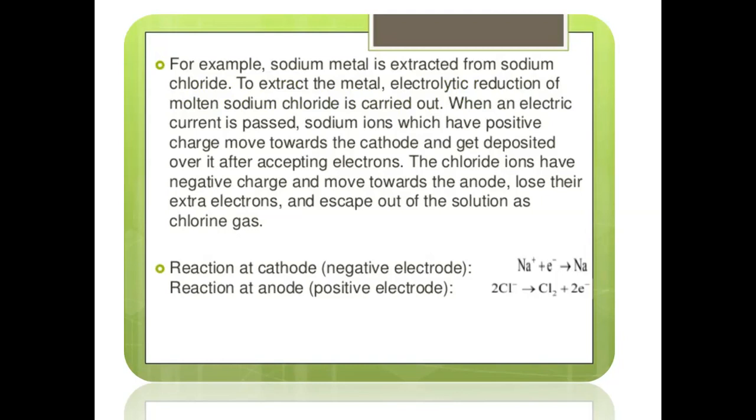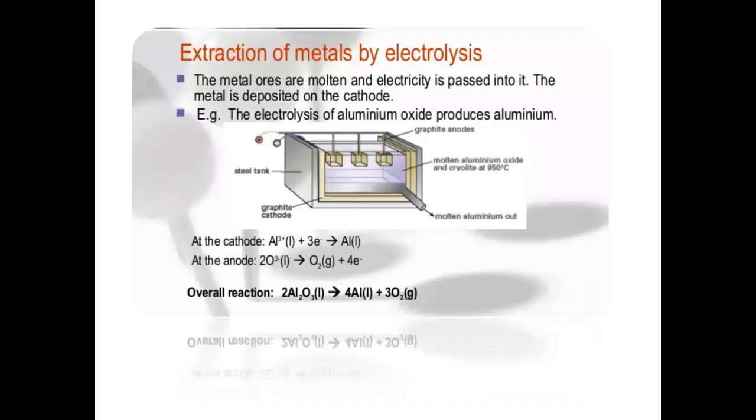They will accept the electrons and get deposited on the cathode electrode. So at cathode we'll get sodium metal, and at anode Cl2 gas.